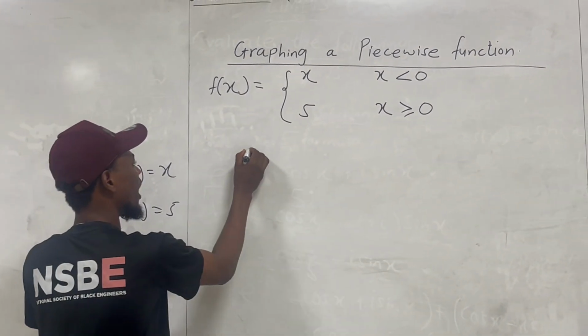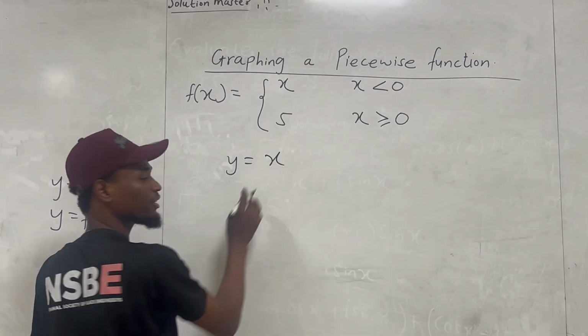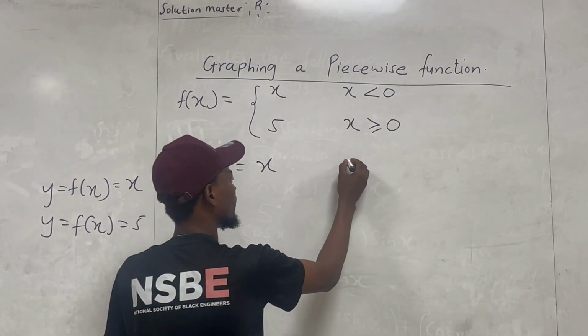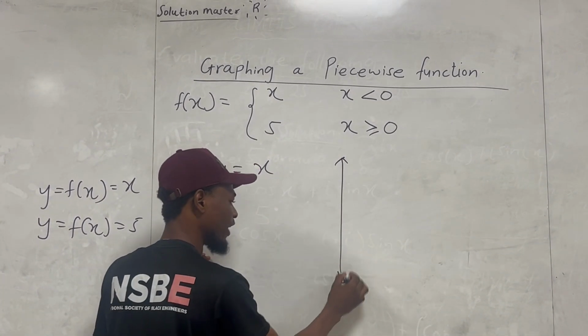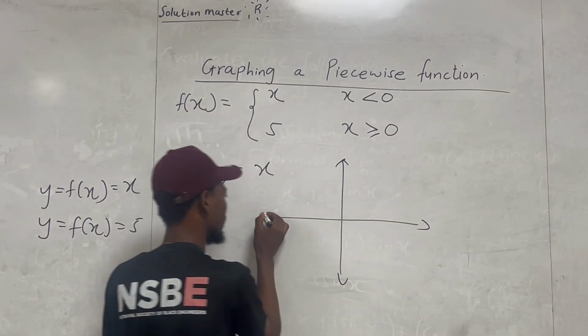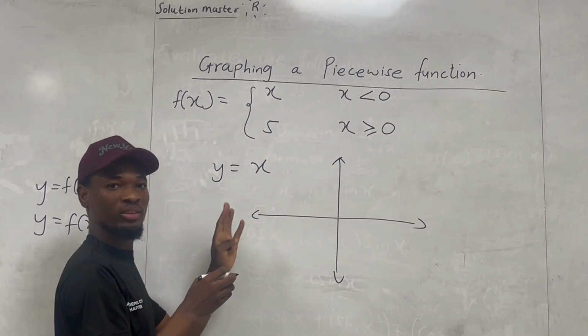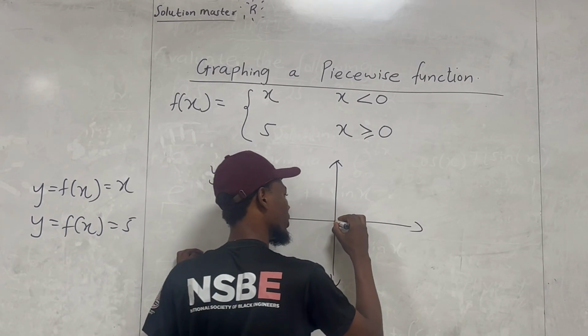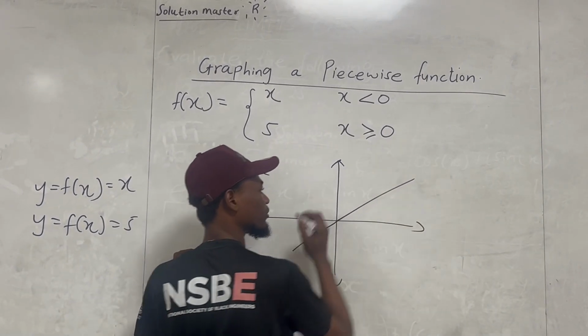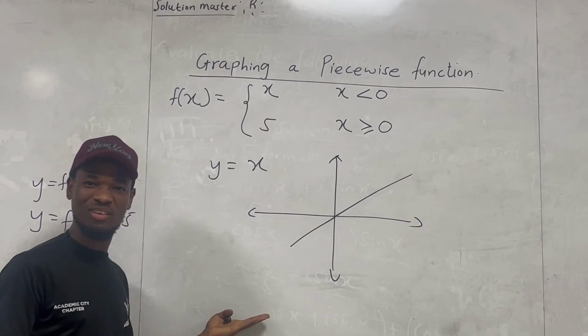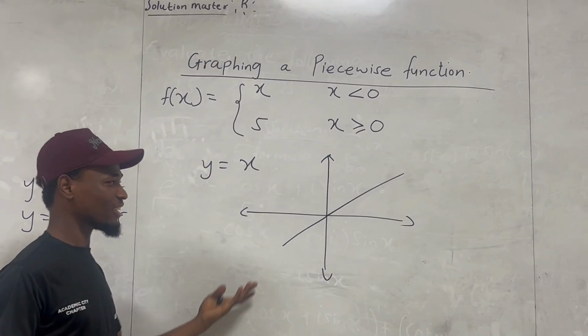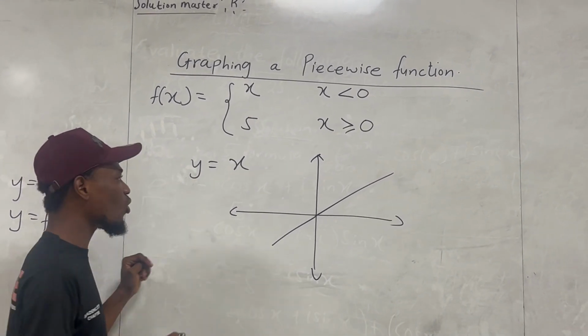When we graph y equals x, when you have your xy plane this way, y equals x is this way. This is as simple as that. This is the graph of y equals x.